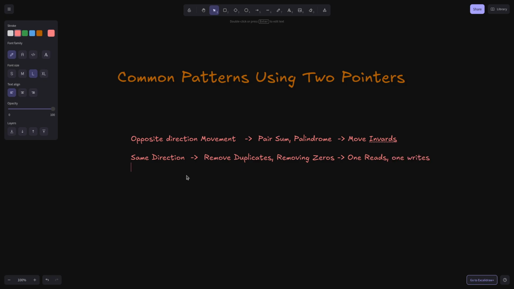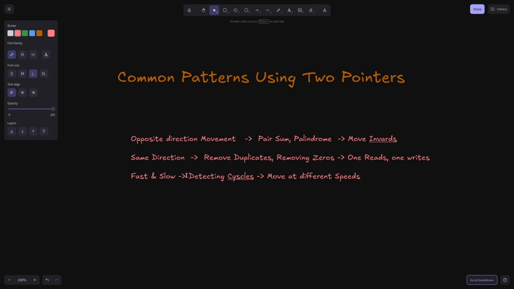And there is another type of problem that we face using two pointers, that is fast and slow. What problems are we solving using this? Detecting cycles. The pointers move at different speeds. So we will cover all those patterns, all those problems in the coming videos.